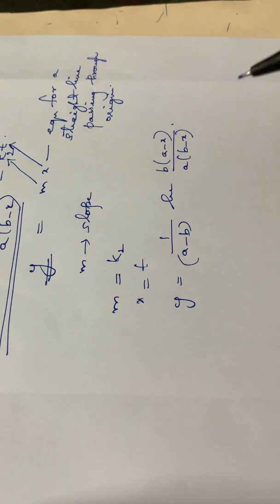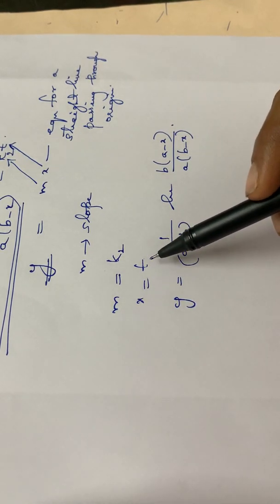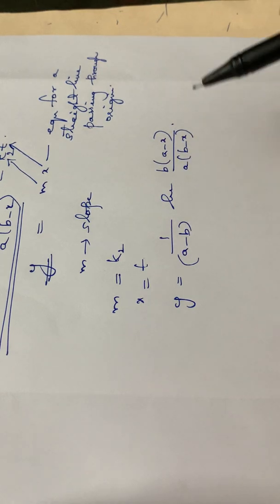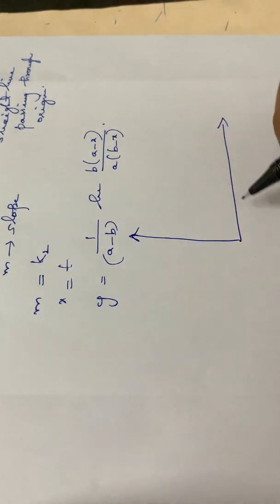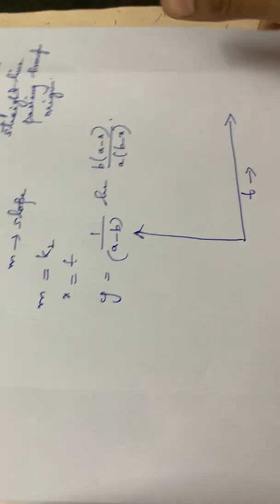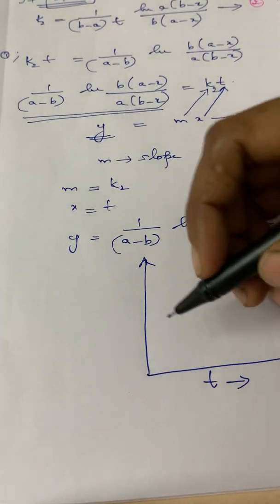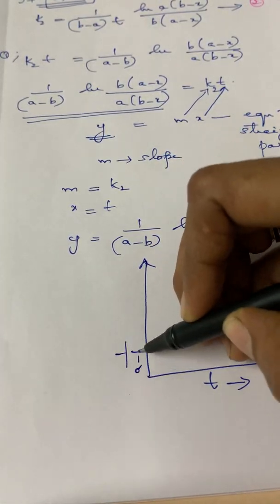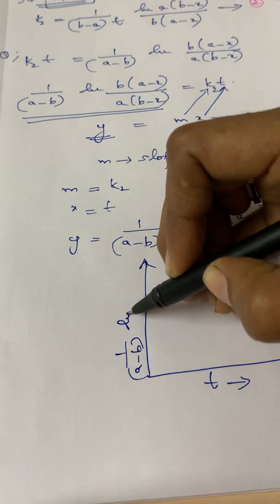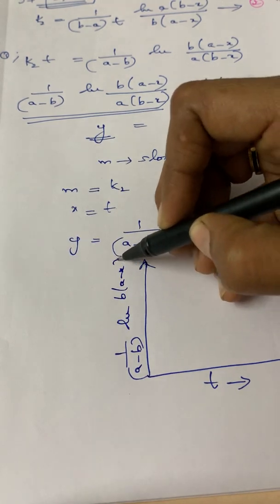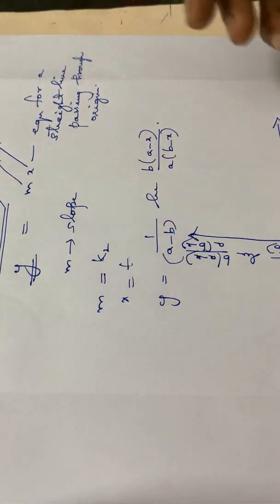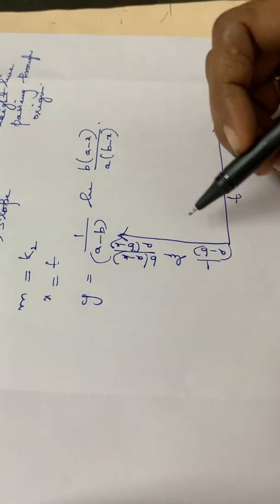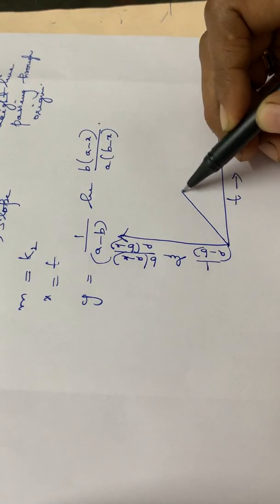So if we plot a graph with t along the x-axis and this particular term along the y-axis, I am drawing a graph with t along the x-axis and this term, 1 by (a minus b) ln b into (a minus x) divided by a into (b minus x), along the y-axis, then the line will be passing through the origin.